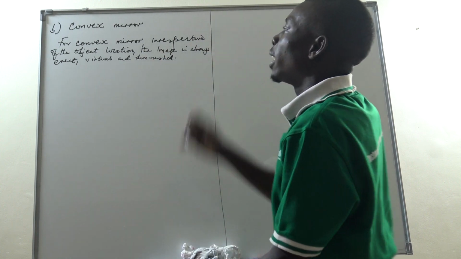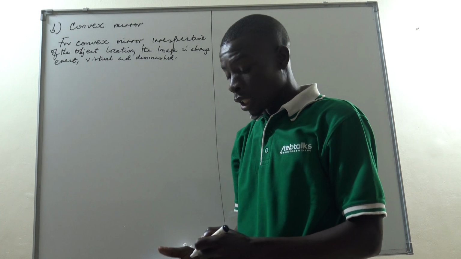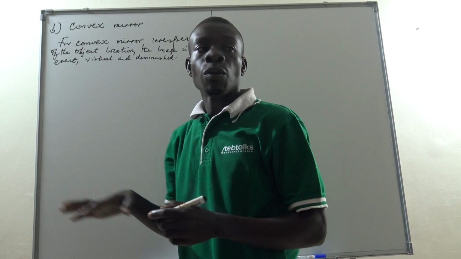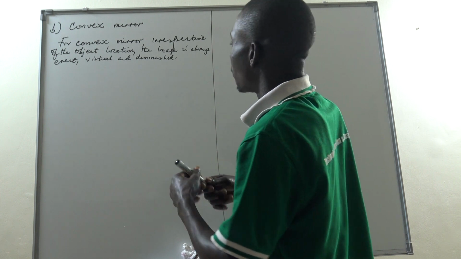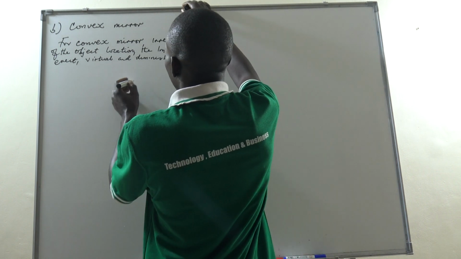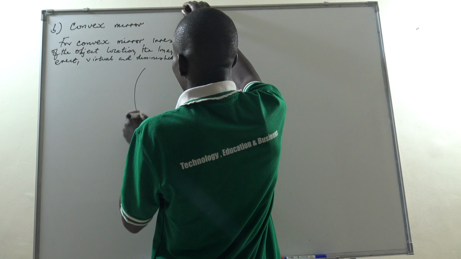Is that okay? That irrespective of where you put it, the properties of the image will basically fall under erect, virtual, and diminished. How do we draw then the ray diagram?